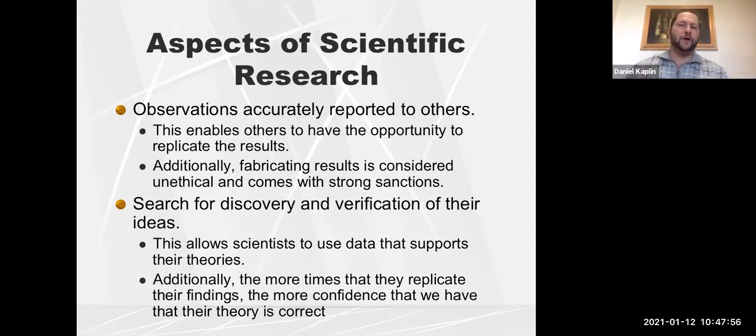How many of you have heard that the MMR shot is linked to autism, right? So you may have heard that. What if I told you that that is just not true? There was a study done by Dr. Wakefield in which he made up the results.